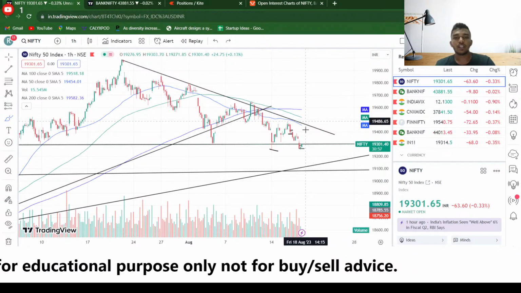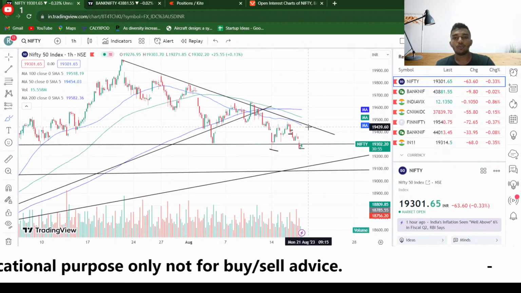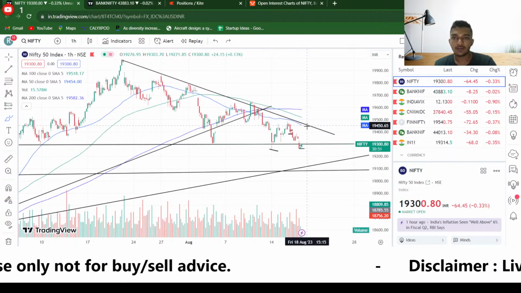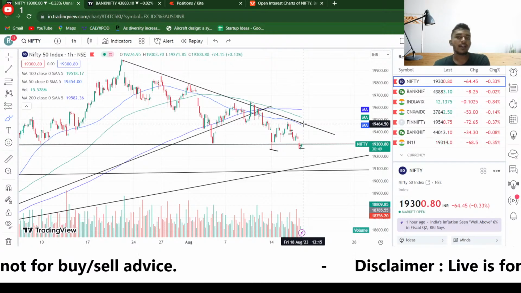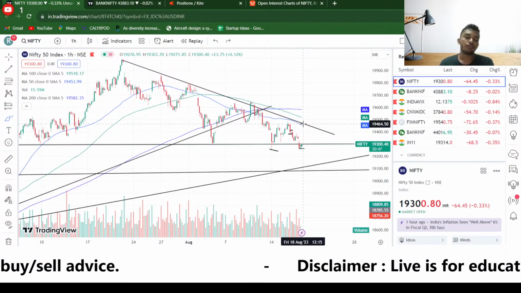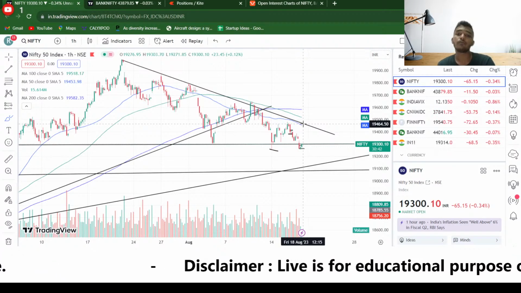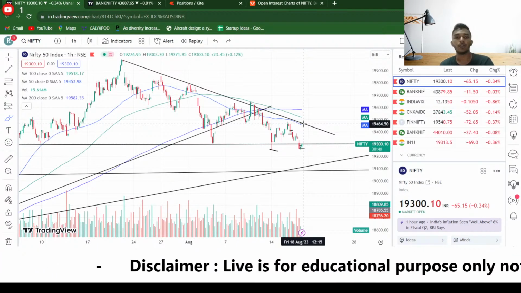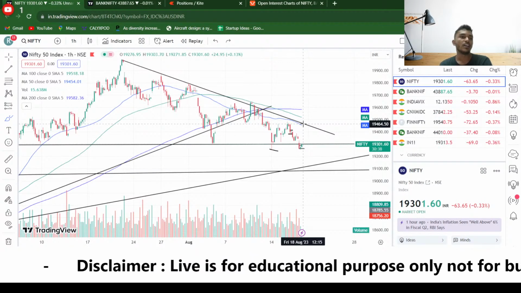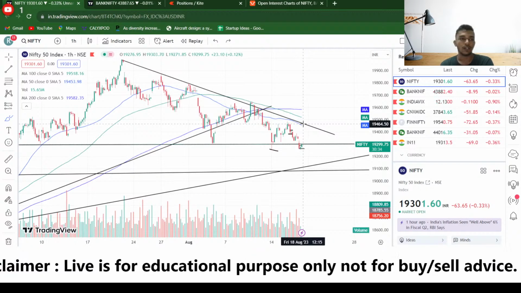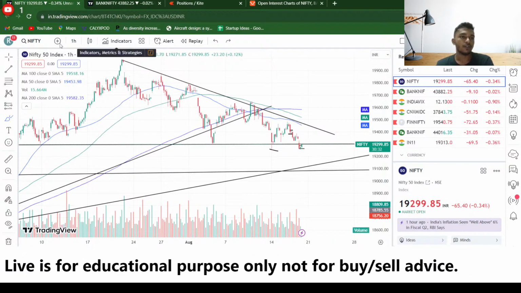The area till where Nifty can go is the 19,450 area, where it could face resistance. Either we could see some consolidation for a shorter time frame, or if we break eventually, then we will go for a long position on Nifty, and we will be holding for at least a 100 points scenario on Nifty.